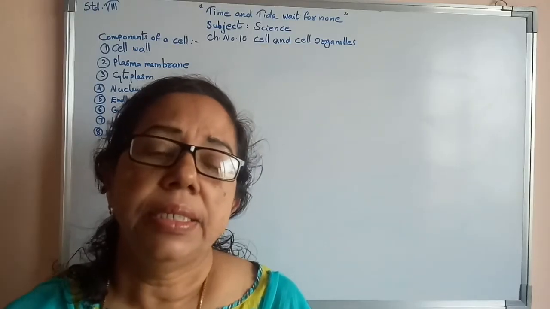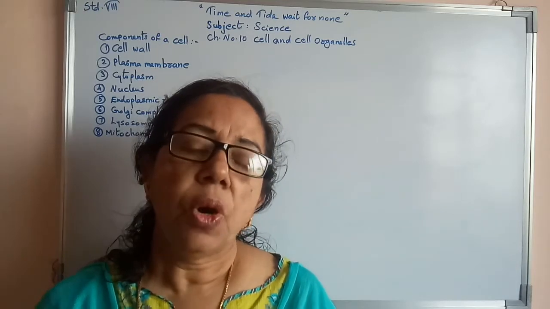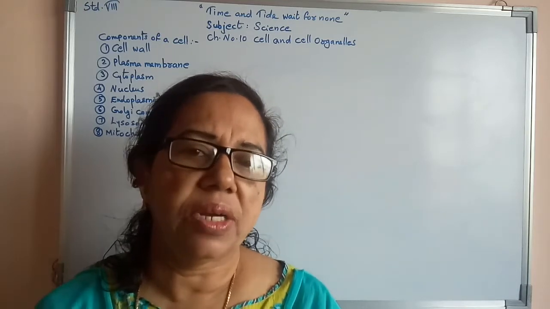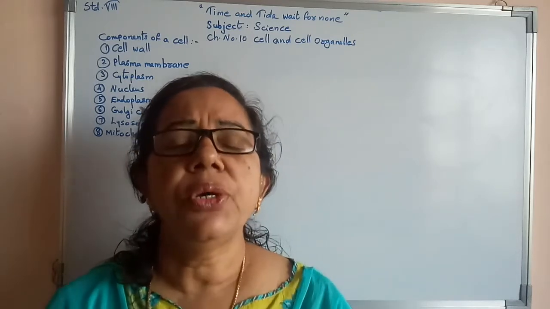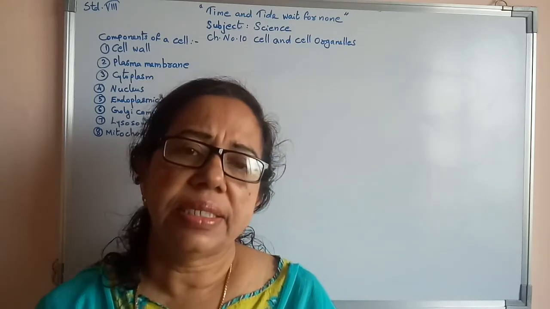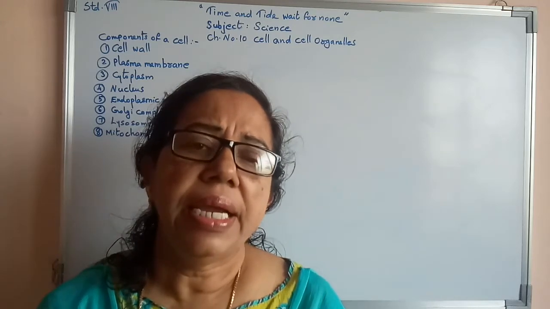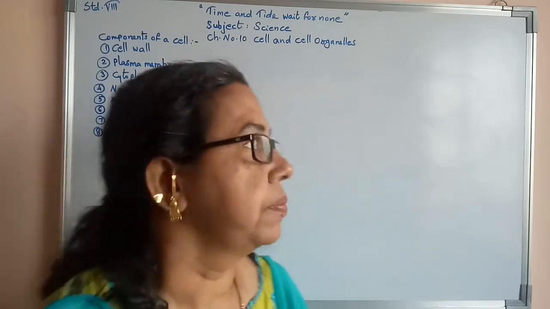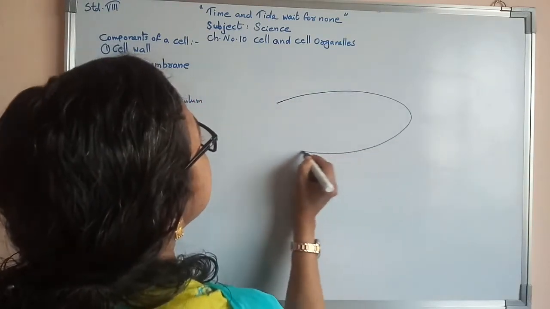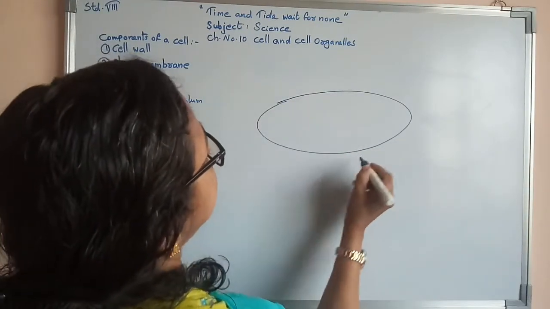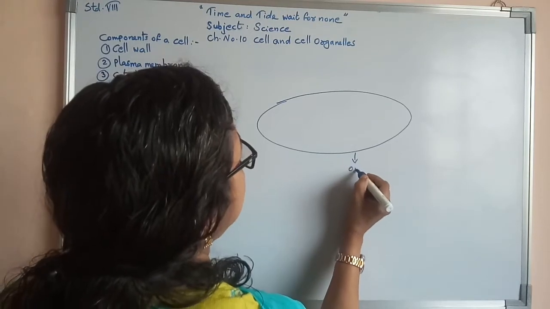We can see mitochondria only with the help of an electron microscope. Mitochondria contains a double-walled structure. This is known as the outer membrane.